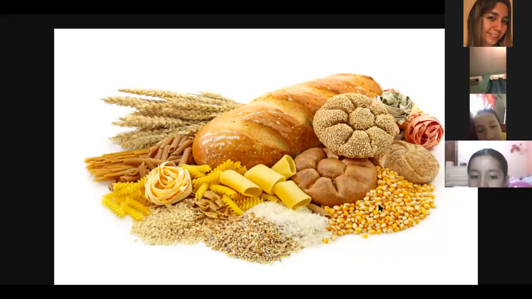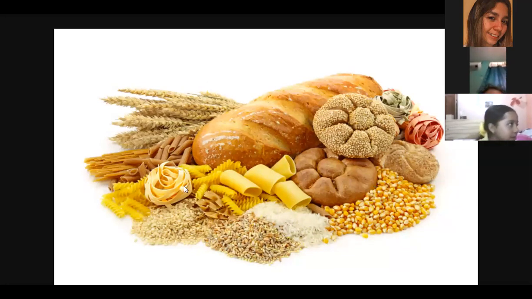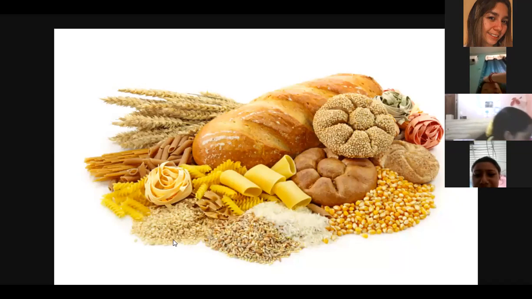Trigo. Please, do you know what this is? Maíz. It's corn. Very good. Bread, pan, corn, trigo, maíz, espaguetes, macarrones. We can see there is no sugar in here, but we have some rice, lentejas, tacos mexicanos.